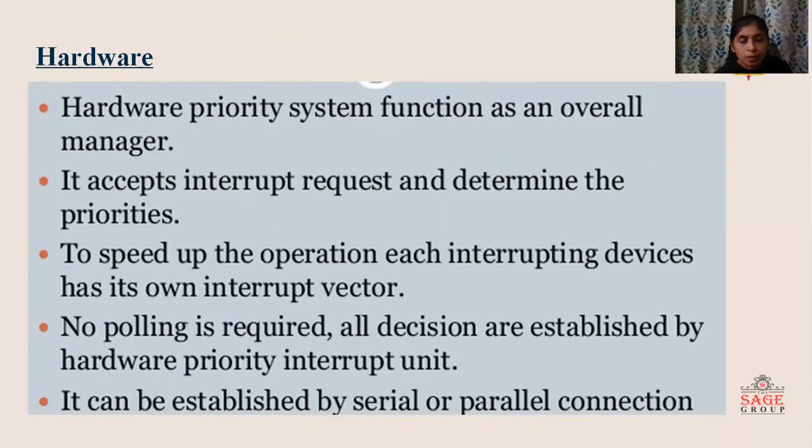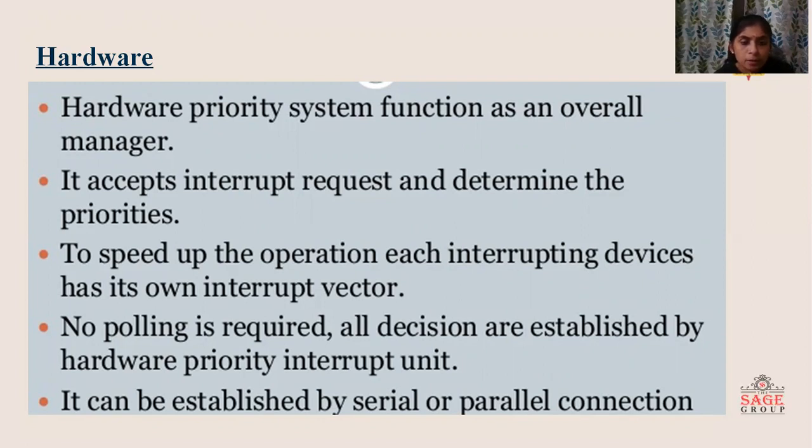In the case of a hardware priority system, the function is as an overall manager: it accepts the interrupt requests and determines the priorities. To speed up the operation, each interrupting device has its own interrupt vector. Here, no polling procedure is required. All decisions are established by the hardware priority interrupt unit.